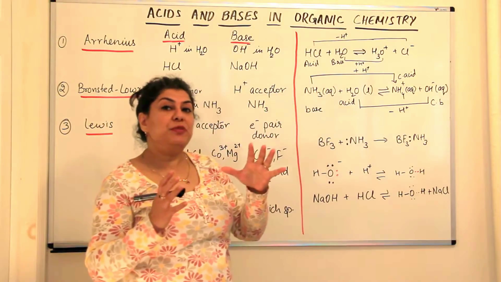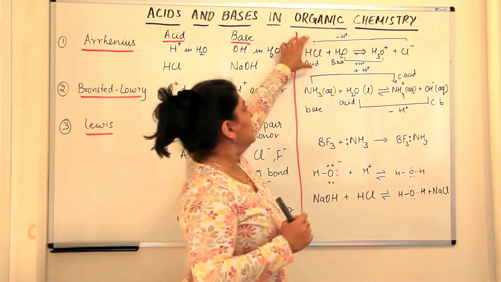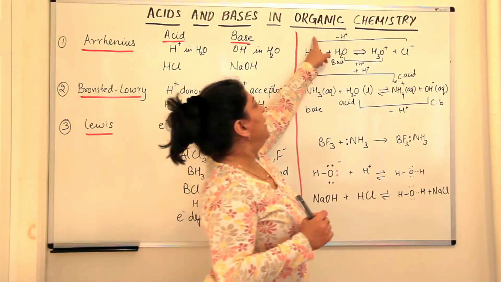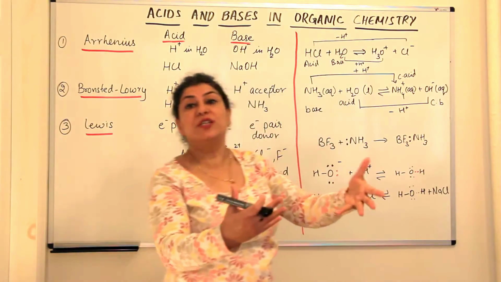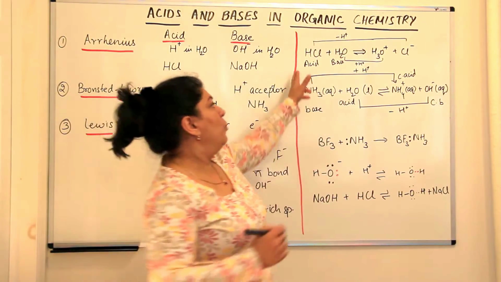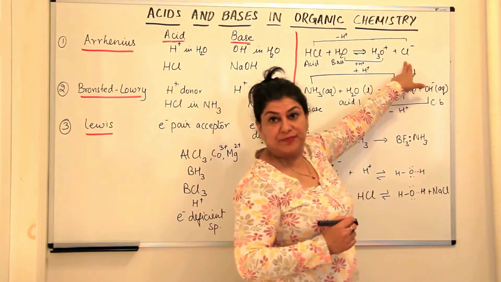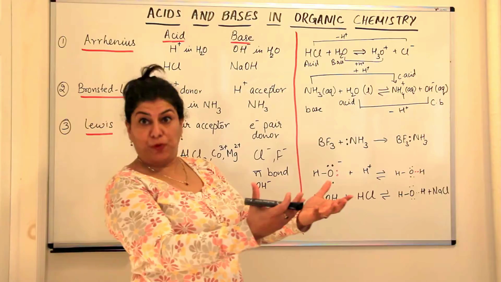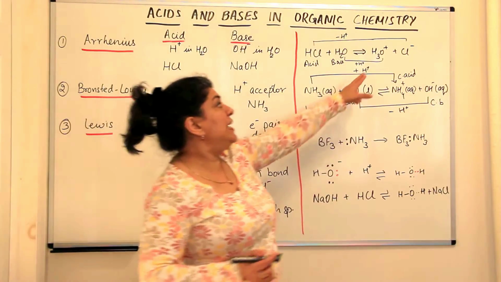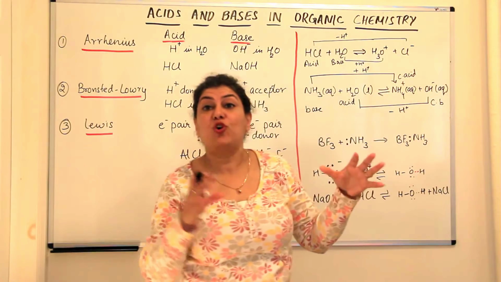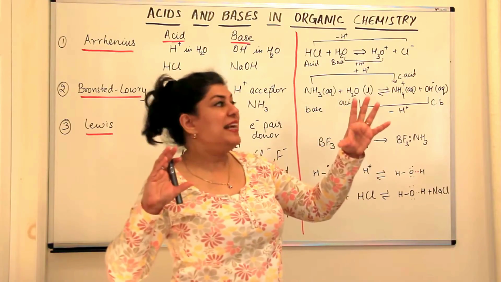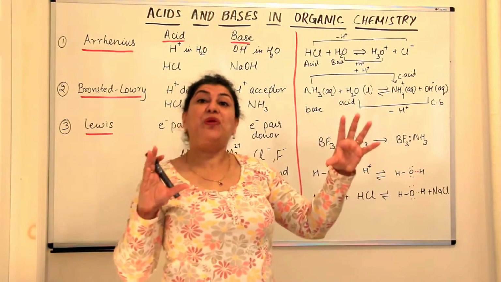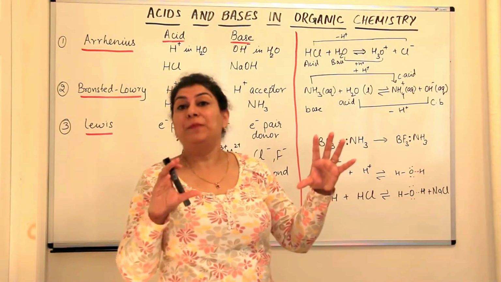Remember, at the same time, when an acid loses its proton, what is left behind? What is left behind is Cl negative. Anything that donates a proton is an acid. Since Cl negative is negative, it would rather accept a proton.